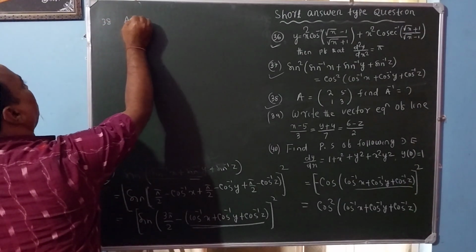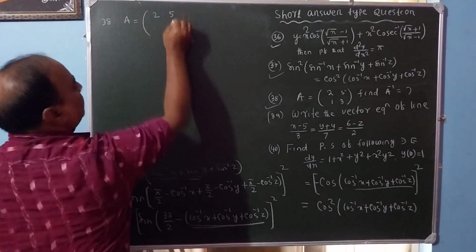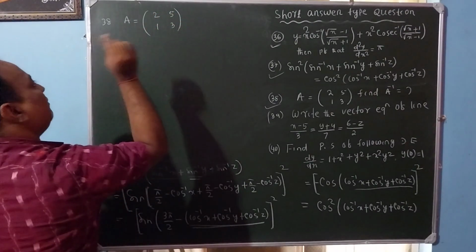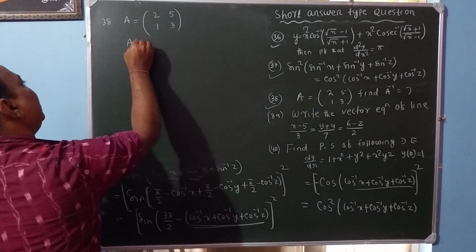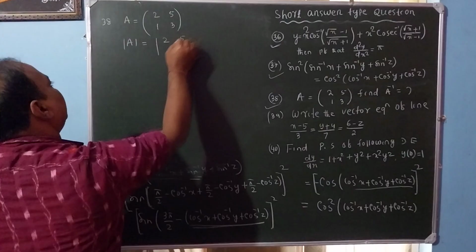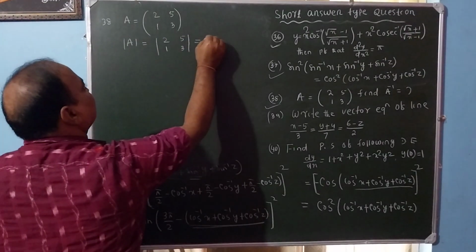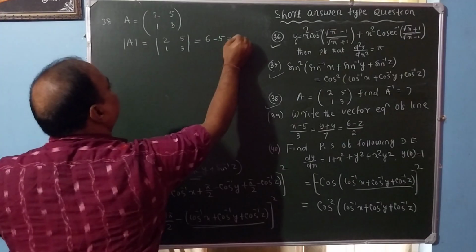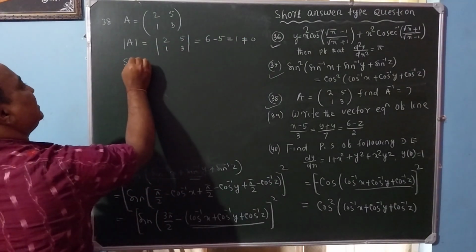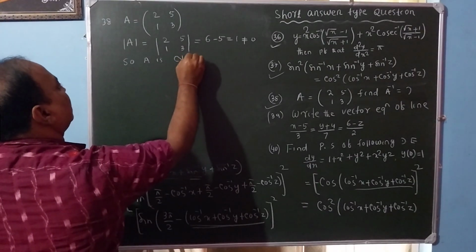A is equal to [2 5; 1 3]. First of all, you have to find mod A, the determinant of A. It is 6 minus 5. Here it is 1, not equal to 0. So A is non-singular.